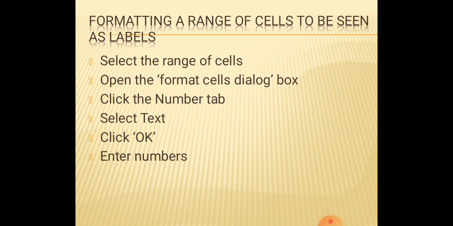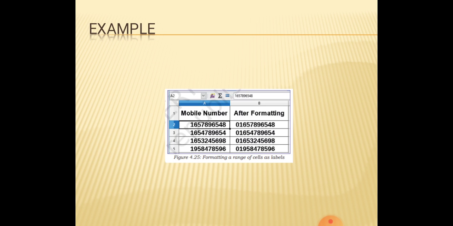First, we will see how to apply it. In Format Cells, again you have to select the dialog box and then the Number tab. Here you have to select the Text option, click OK, and finally enter the numbers. See this example. The mobile number we have is 165457896548.